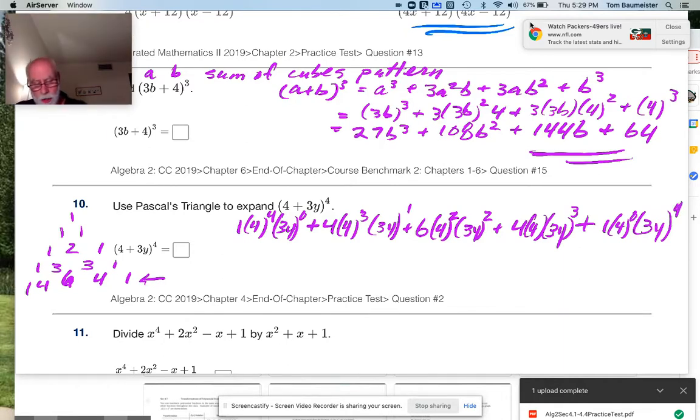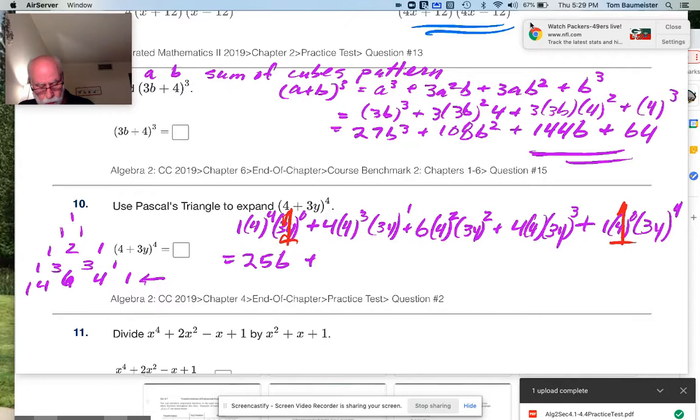Okay, now remember on this here, we know that anything raised to the 0 power is 1. So then the rest of it is just plugging it in. So 4 to the 4th, that will equal 256.